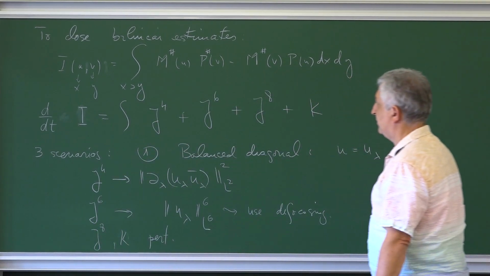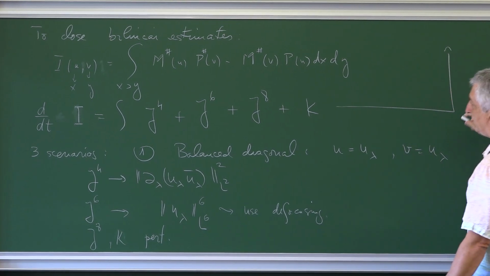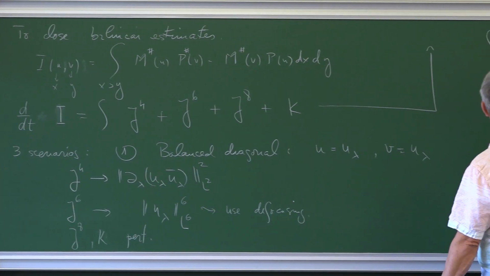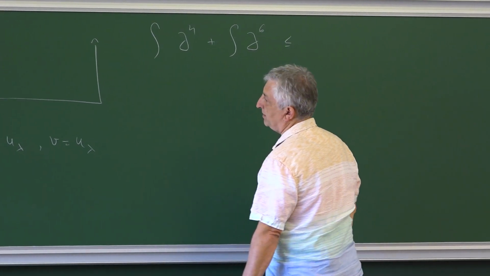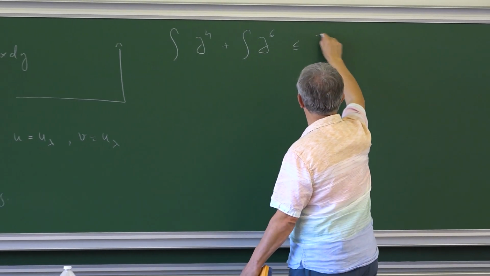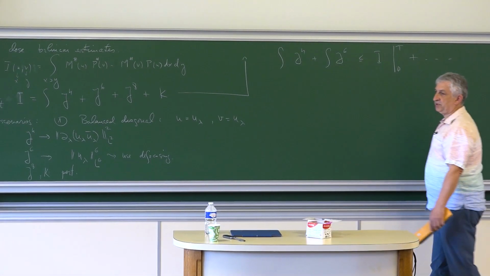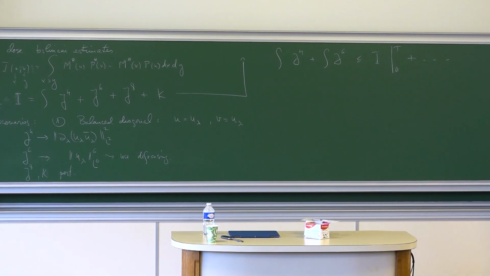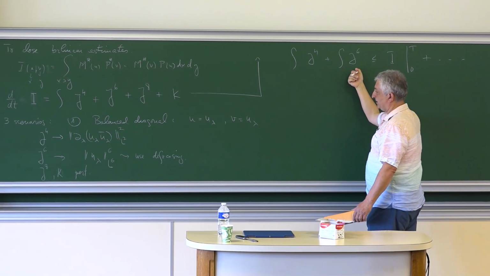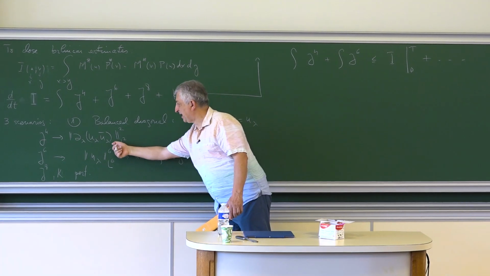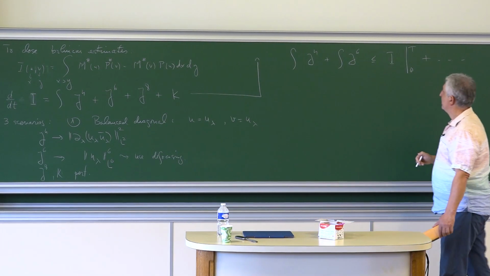All right. And so what we do is we integrate this relation. And the way we think about this is we get integral of J4 plus integral of J6 smaller than I evaluated between times 0 and t plus the perturbative terms. All right. And so we use this to estimate the integral of J4 and integral of J6, and therefore get the bilinear L2, and then get the L6 bound from there.